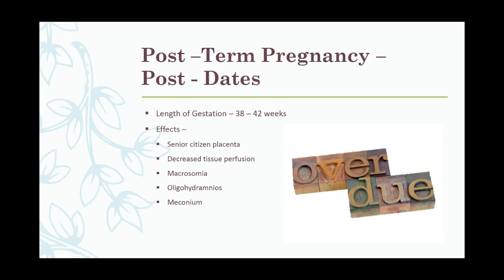We get a decreased tissue perfusion when the placenta gets too old. Babies, when they are left in utero for too long, become macrosomic, meaning they become too large. Oligohydramnios is also an issue whenever we allow pregnancies to exist past 42 weeks.